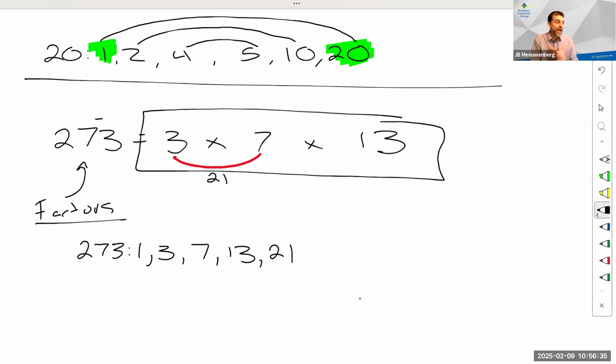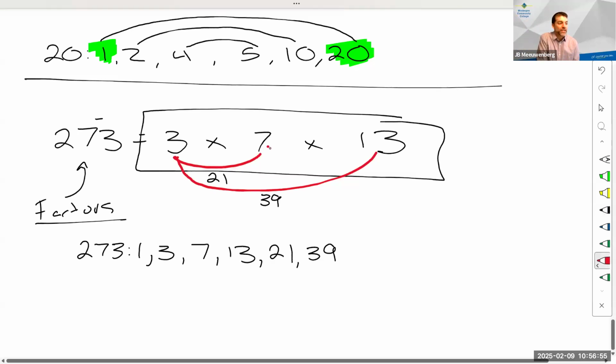And you can check, you can divide and see what 273 divided by 21 is. That same thing would be true for 3 times 13. 3 times 13 is 39, which means 39 is also a factor of 273.